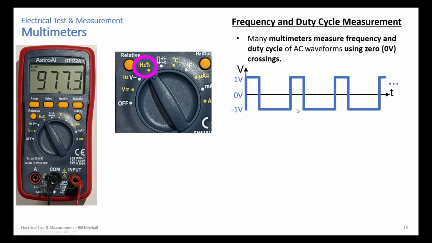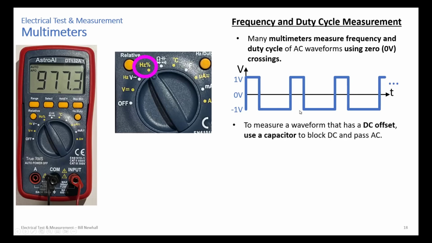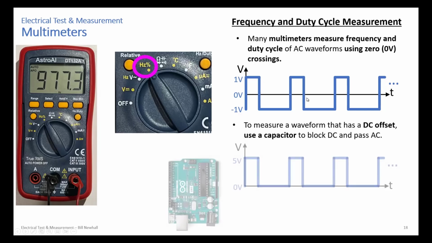It may be whatever duty cycle it is. But to measure a waveform that has a DC offset, you actually have to use a capacitor to block the DC and pass AC. If you set the multimeter to measure frequency, it'll measure the frequency of this waveform. If you measure the duty cycle, it'll measure the duty cycle.